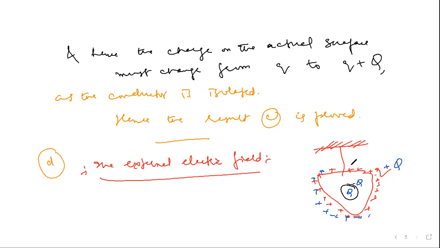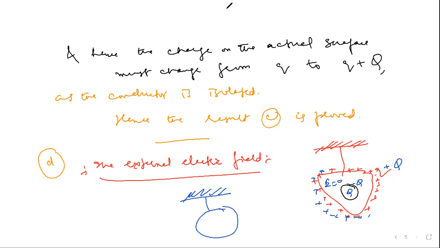The question is, what about the electric field inside the body of the conductor? We know it is zero. There are no internal currents. What about the field outside? Now you need to remember, if my isolated conductor is of spherical shape, then the charge on the outside surface distributes uniformly.